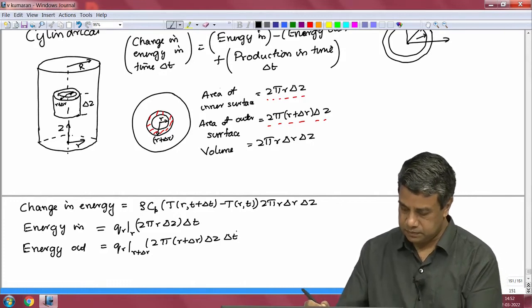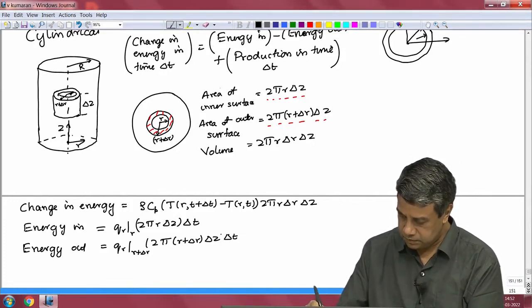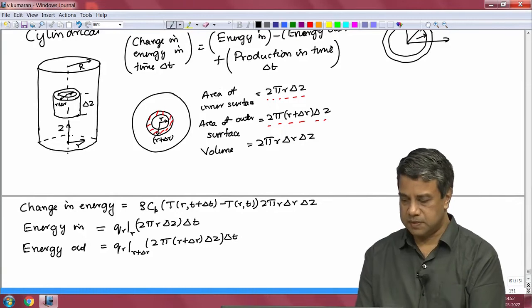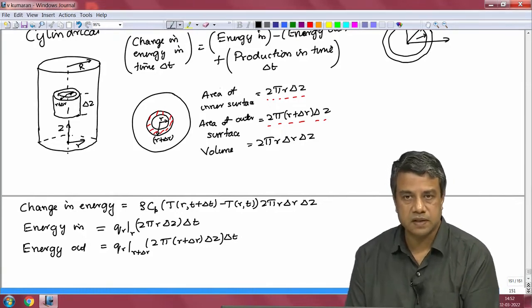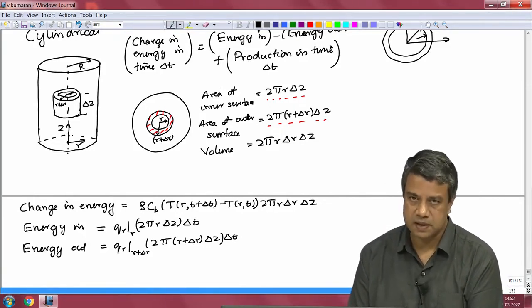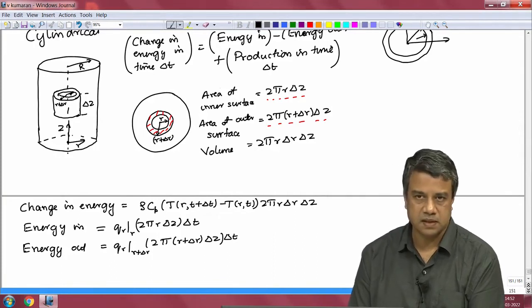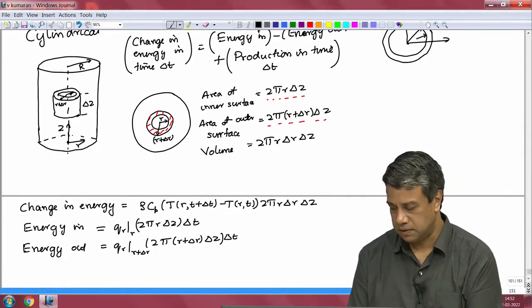The flux times the area. At the outer surface, the area is 2 pi into r plus delta r times delta z times delta t.